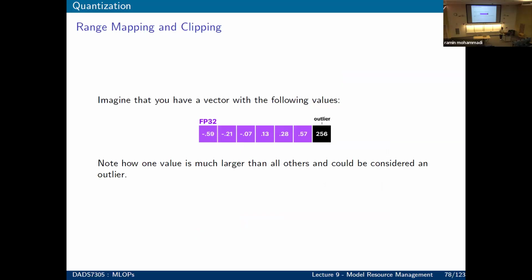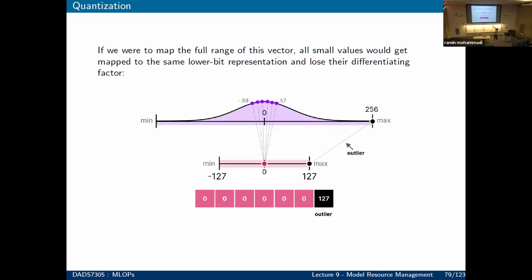If you have an outlier like that, your outlier is at the far right end, but every other data point, because they're really small compared to the outlier, is so close together. That means everything when you use integer 8 will fall to one number, and that outlier becomes 127, the max.